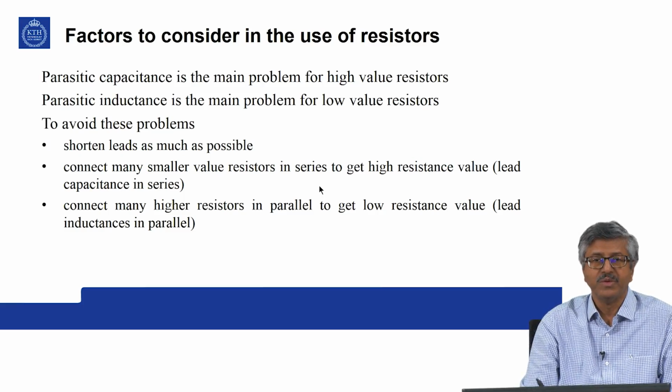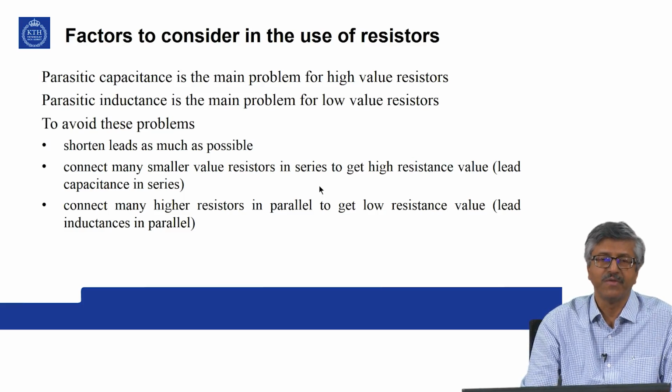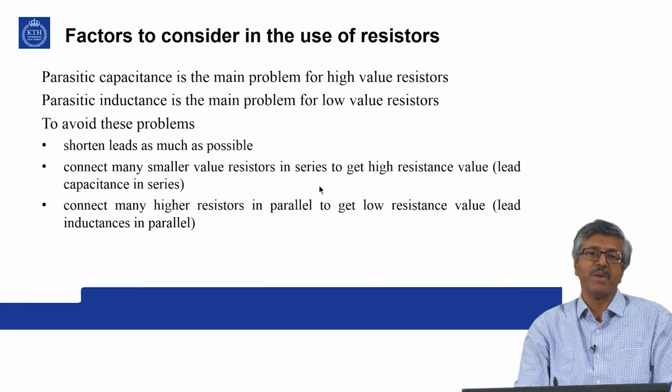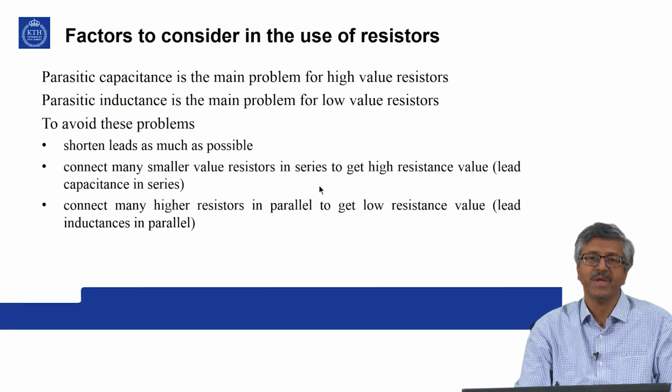So suppose you need to have a high resistance value. So instead of using say a 20 mega ohm or 1 mega ohm resistor directly, you can take say 10 resistors of 100 kilo ohm and connect them in series.